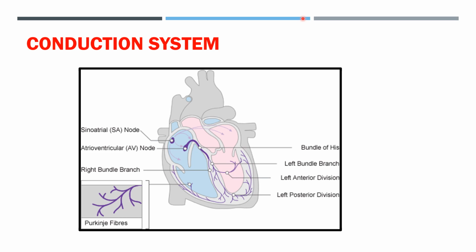The sinoatrial node is situated in the right atrium near the SVC, and it is connected to the AV node through three internodal tracts: anterior, middle, and posterior internodal tract. One branch that goes to the left atrium is known as Bachmann's bundle.